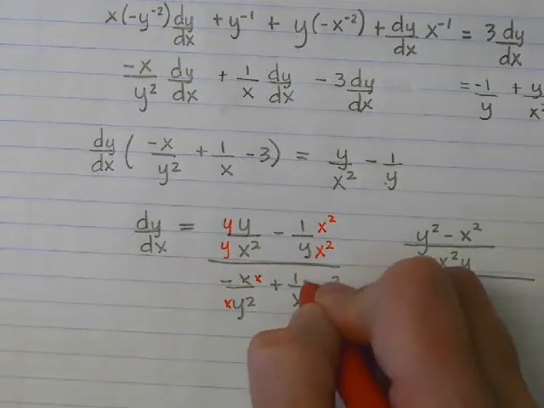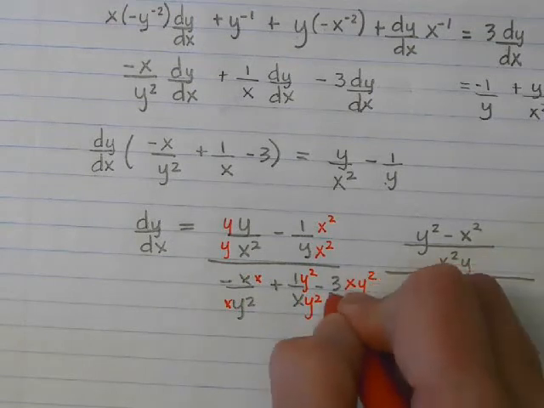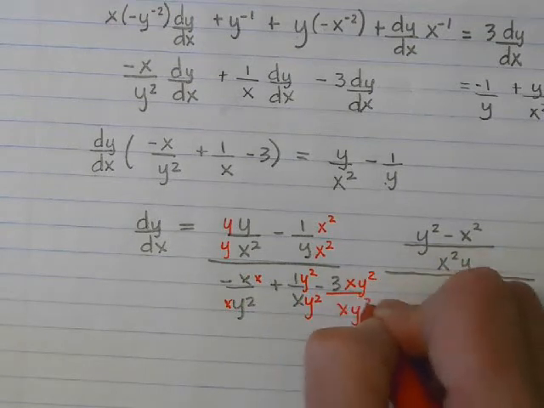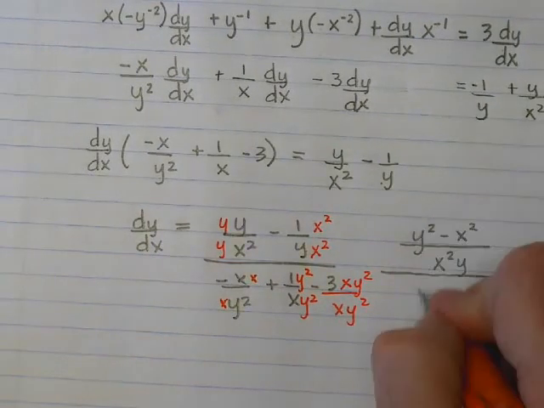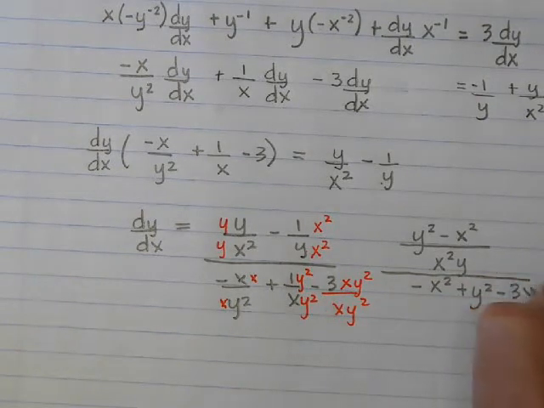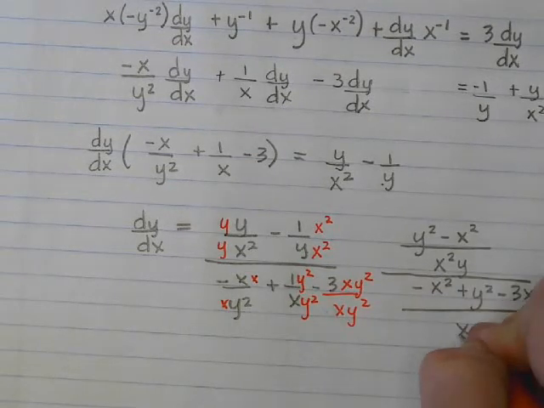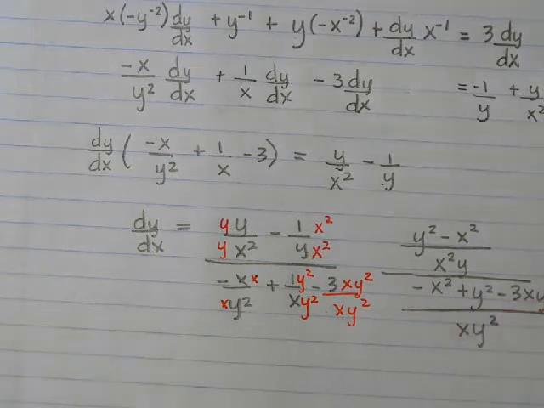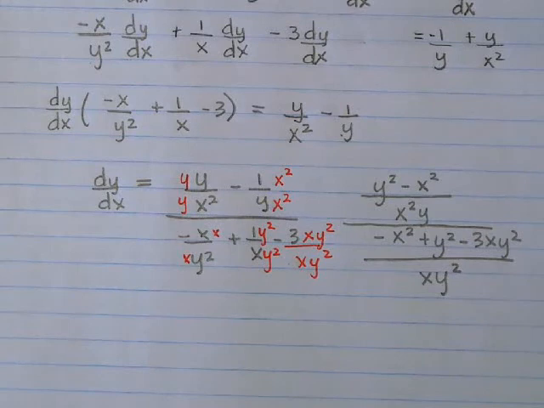This one needs a y squared. And this one needs an xy squared. So it's going to look like that. Let's see what we've got: negative x squared plus y squared minus 3xy squared over xy squared. Phew. Now we have a complex fraction.